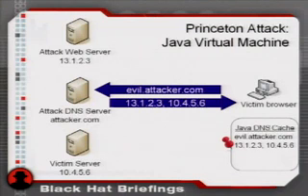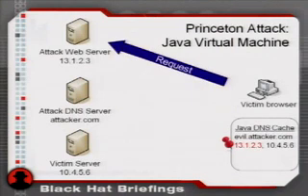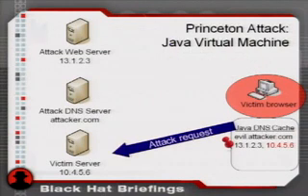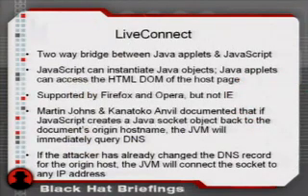It takes that first IP address and requests the applet from it, which it gets. As soon as the applet's loaded, it establishes a socket connection to that second IP address. Because both IP addresses were pinned in cache coming from the origin server, Java allows the connection to establish, and of course the attack proceeds much as with previous examples.